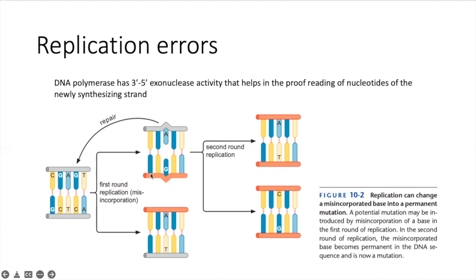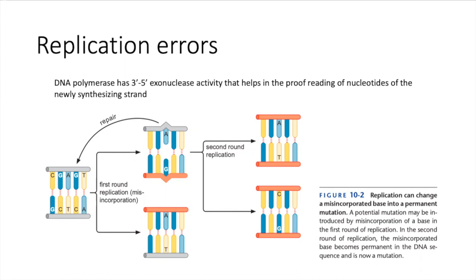Usually at this step, the cell repair mechanisms will come and replace this with T. If it does not, then after the second round of replication, the G is continued in the daughter cells, which will result in mutation if not repaired by the repair systems in the cell.